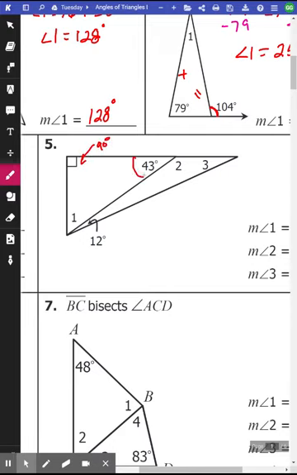Here we have 42 degrees. If I want to know what angle 1 is, I know the whole thing measures 180. So if I subtract 90 and subtract 43, angle 1 ends up being 47 degrees.